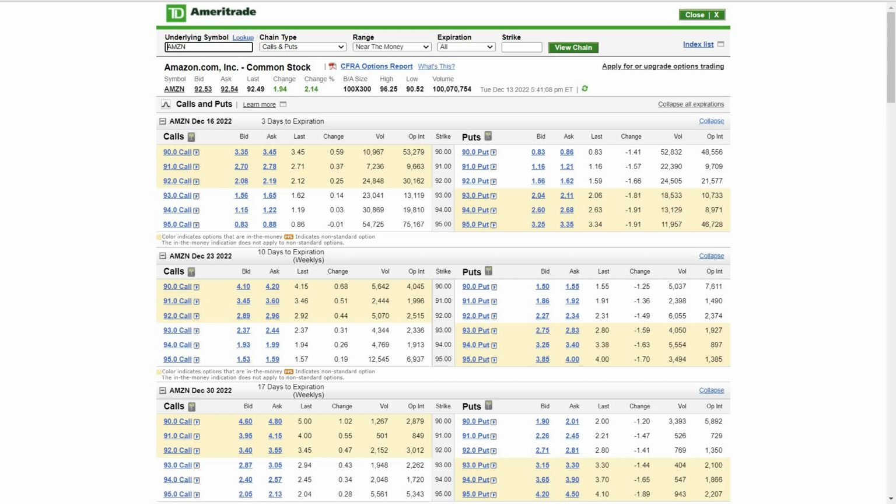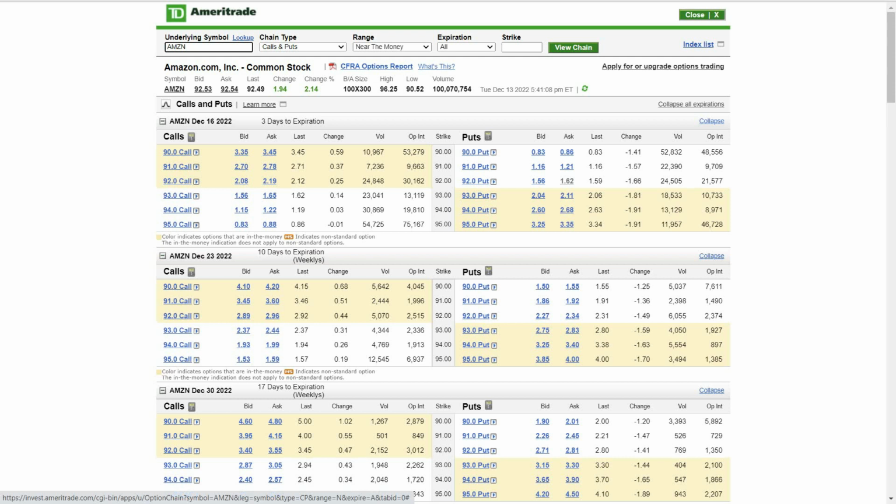But if you go 10 days from expiration, that same option will be $2.27, so it's roughly 60 cents higher. And if you go even further, say 17 days, then it'll be $2.71. So the closer you get to expiration of the option, the less it'll be worth.